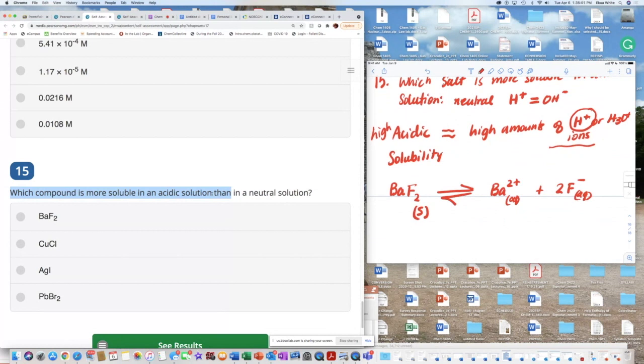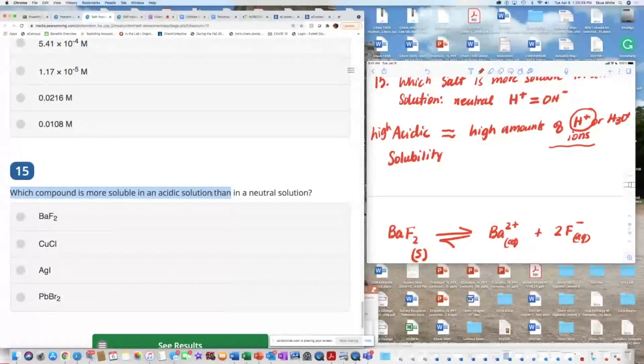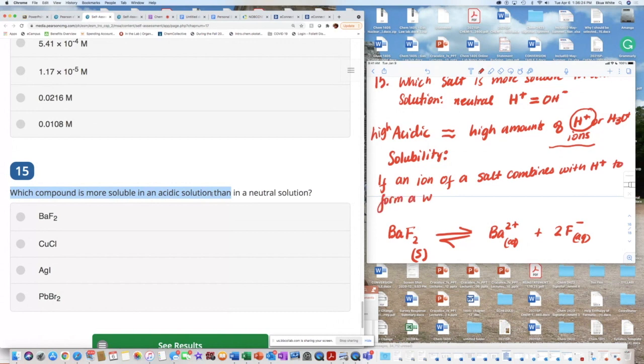Okay. What else? Oh yeah, I have to recall the rule. Let me move this down. I'm trying to get into this real quick before I recall the rule. The rule. Solubility. If an ion of a salt combines with H plus to form a weak acid or water, solubility increases.